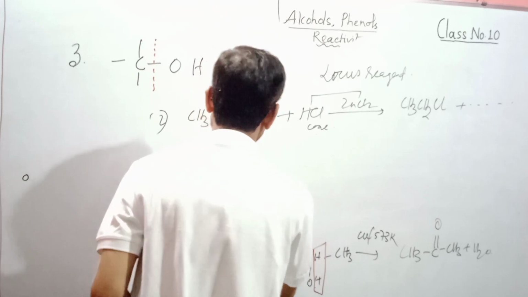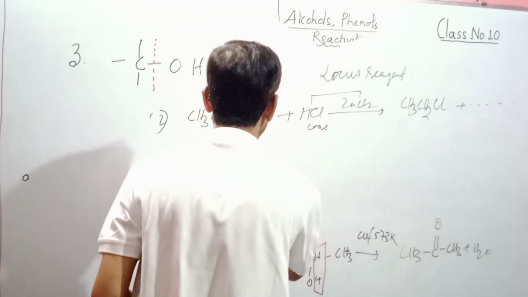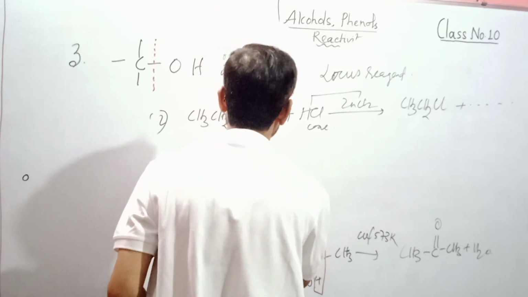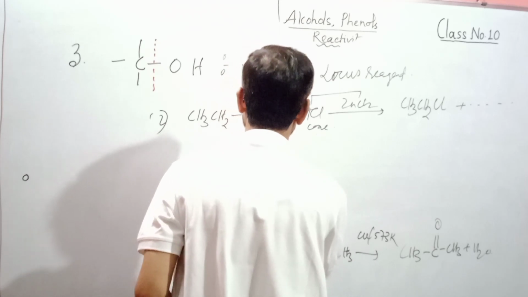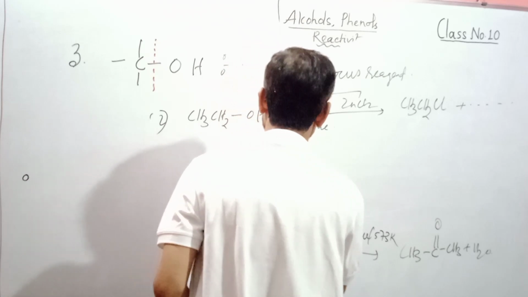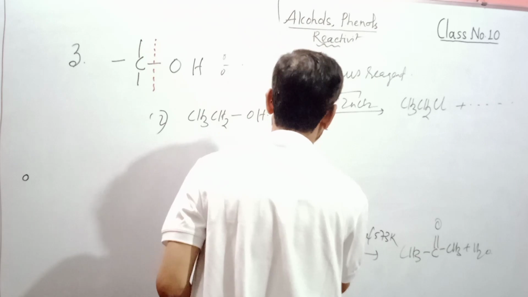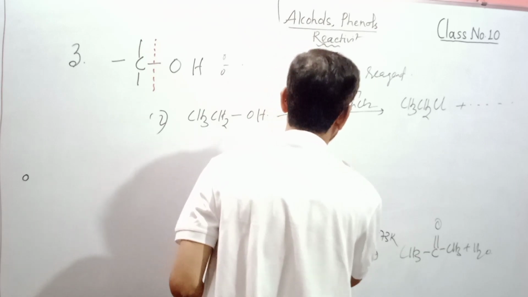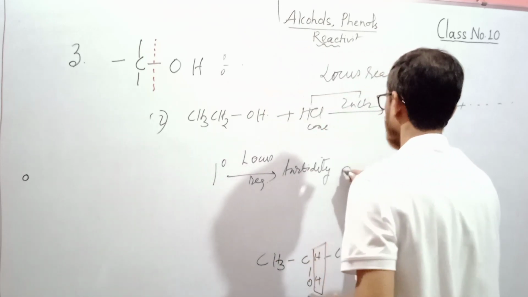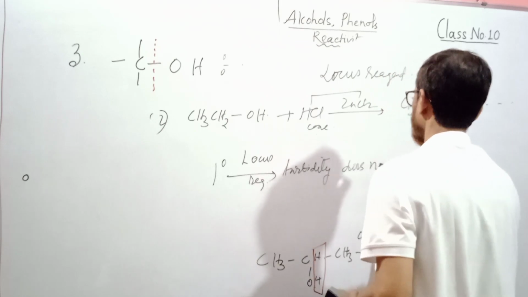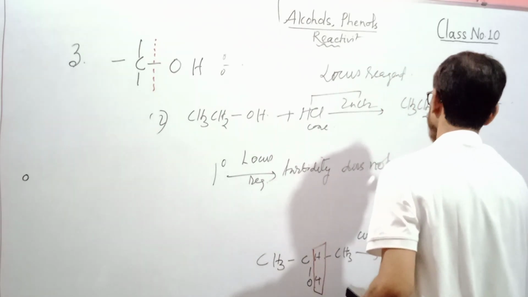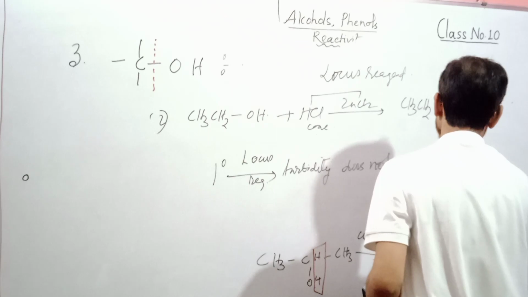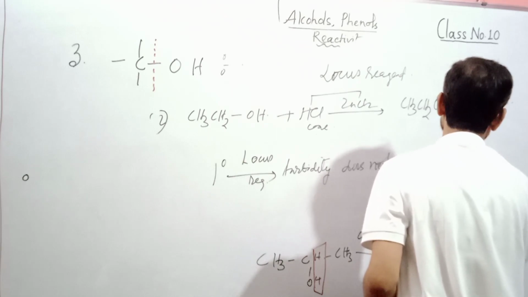So what happens here? With 1 degree alcohol and Lucas reagent, turbidity does not appear at room temperature, but on heating it may appear.